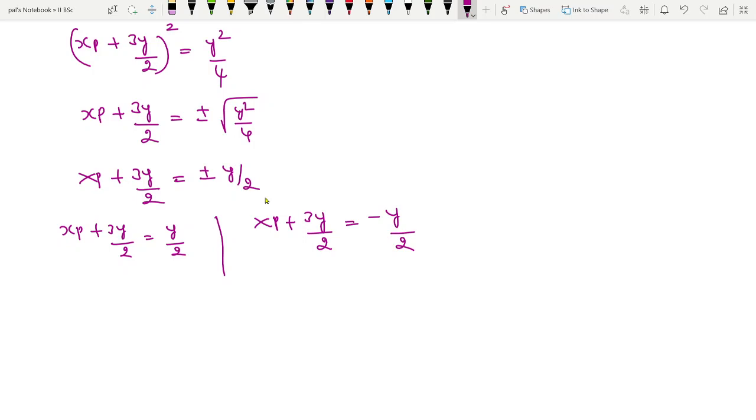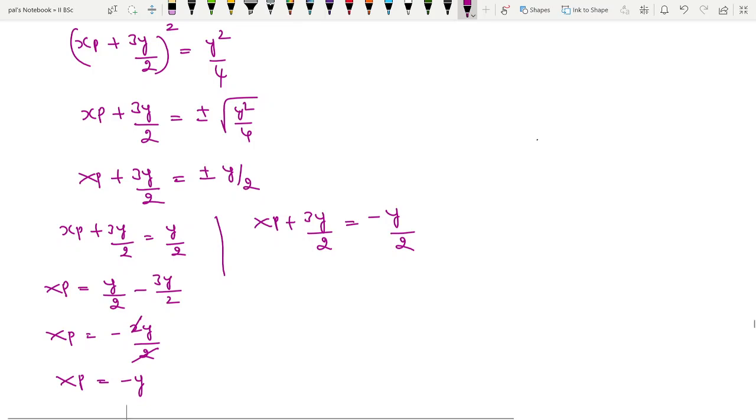Simplifying this, xp is equal to y by 2 minus, when you bring 3y by 2 to the right hand side, it is minus 3y by 2. So xp is equal to minus 2y by 2, 2 cancels, so xp is equal to minus y.